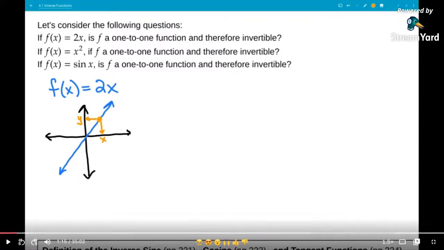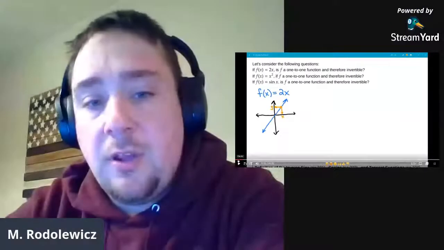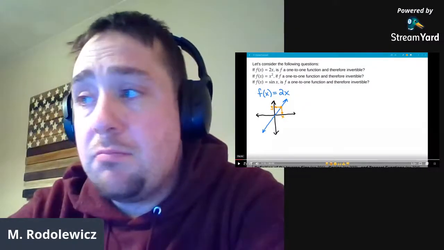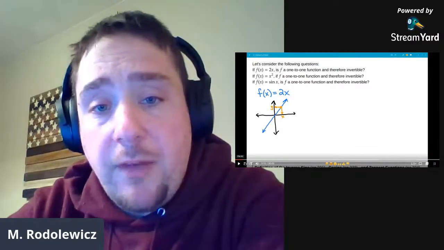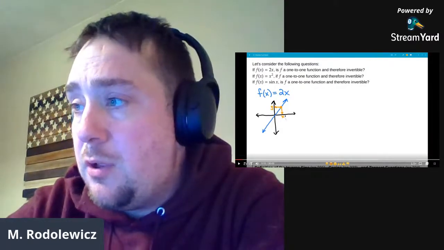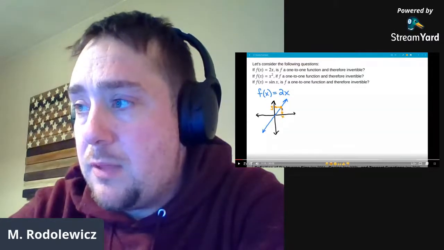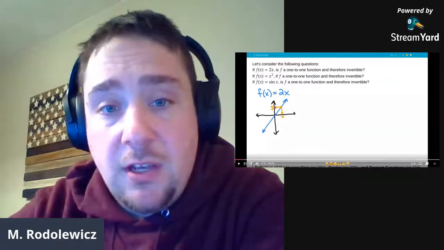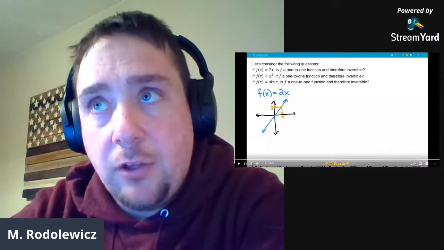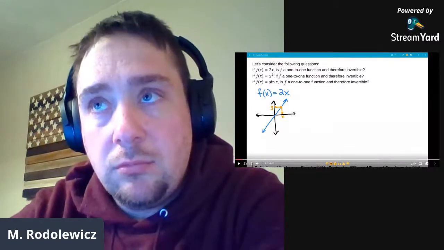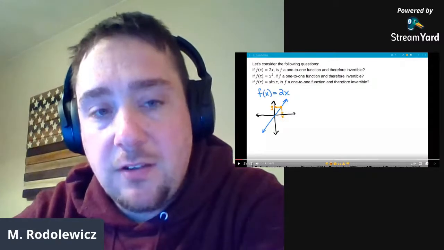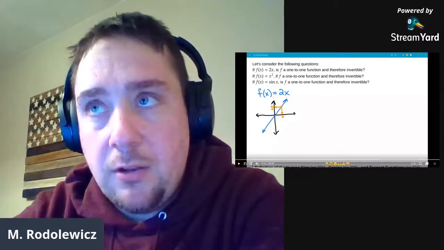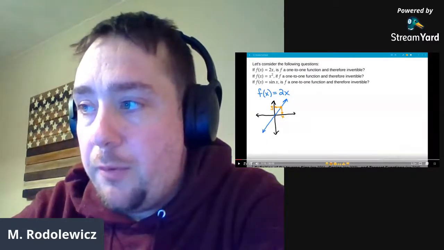So for instance, if x was the value 3, y would be the value 6. So if this was 3, that would pair with 6. And there would be no other value that would give you 6. The only way to make 6 in this function is to input 3. And that's true for all numbers.